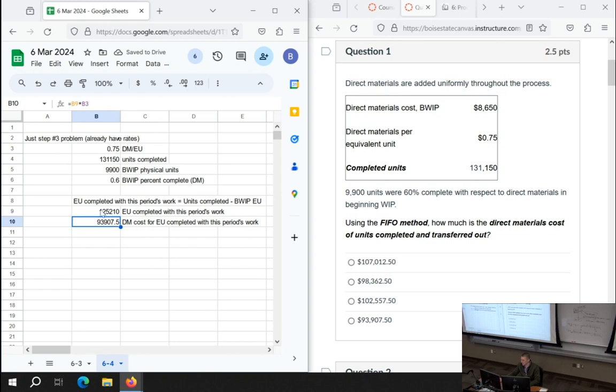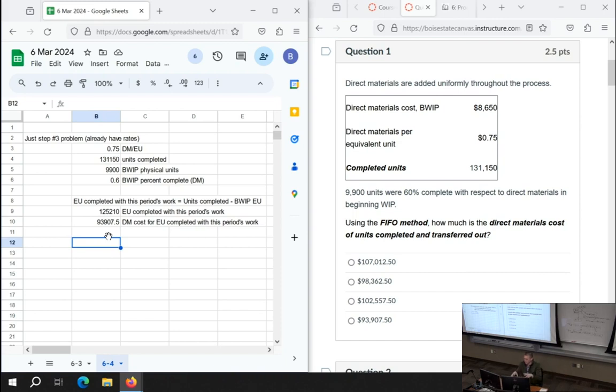So yeah, first of all, we got units completed minus beginning WIP equivalent units. That's our number we're going to multiply the rate by. And once we multiply the rate by that number, we get $93,907.50. And we'd be tempted. This is tempting. Oh no, the light, it's so beautiful. Don't do it. Remember, we set those beginning WIP costs in orbit.